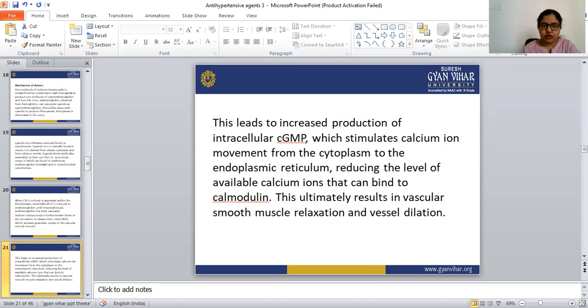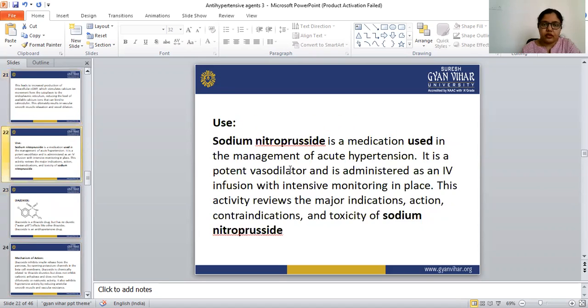Let's see the uses of sodium nitroprusside. Sodium nitroprusside is a medication that is used in the management of acute hypertension. It is a potent vasodilator, and it is administered as an IV infusion with intensive monitoring in place.